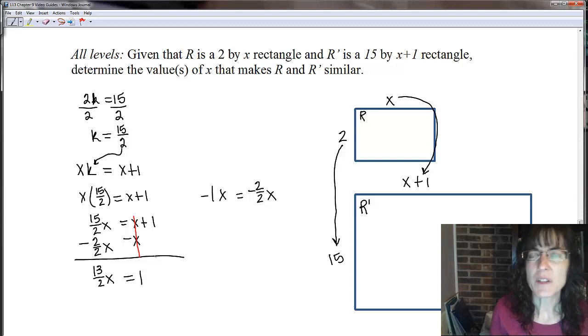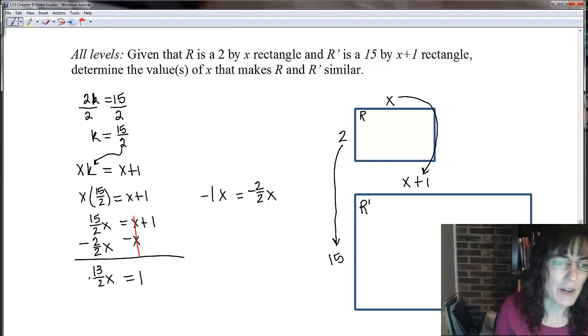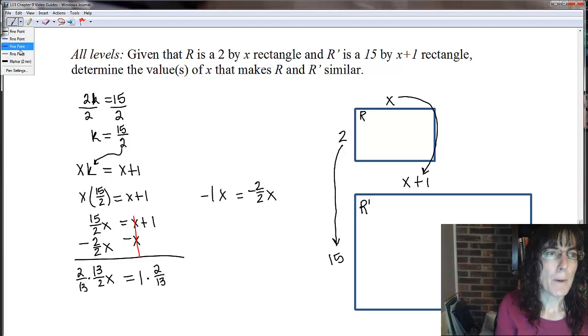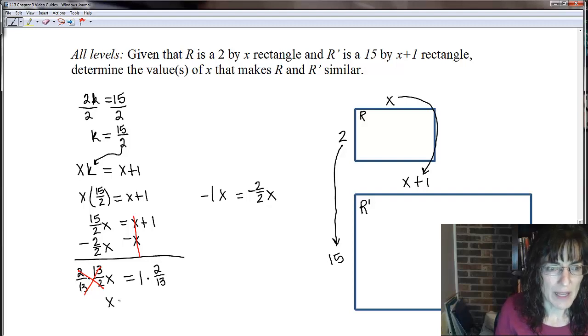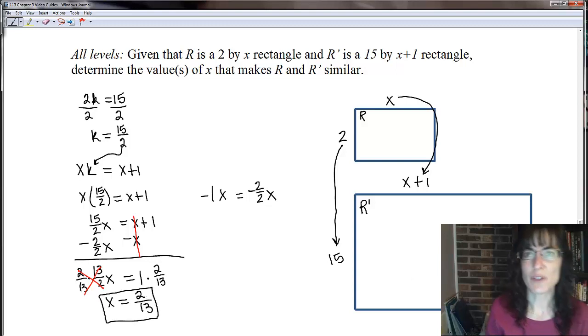And I want to solve for the X, so I need to multiply both sides by the reciprocal, so I'll just flip over the fraction and multiply by 2 over 13 on both sides, and then I can see that my 13s are going to reduce, my 2s are going to reduce, and I'm left with X equals 2/13. So that's one solution.